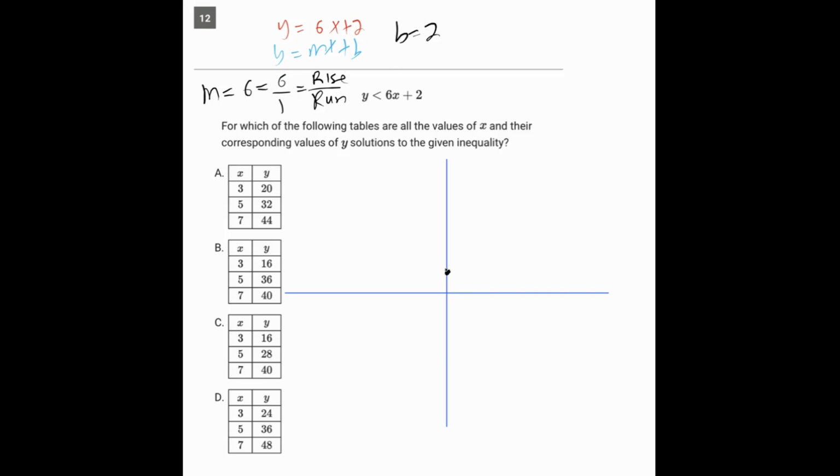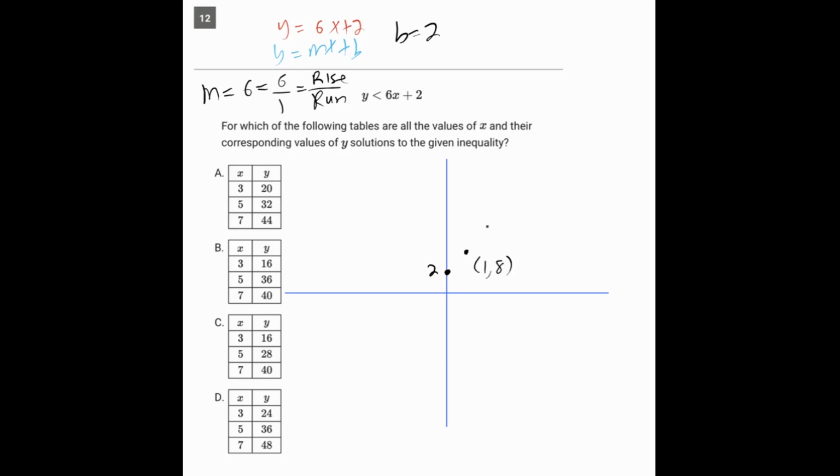So let's start at a y-intercept of 2. I'll tell you from the beginning, this won't be to scale. And if we go up 6 and over 1, we will be at the point (1, 8).